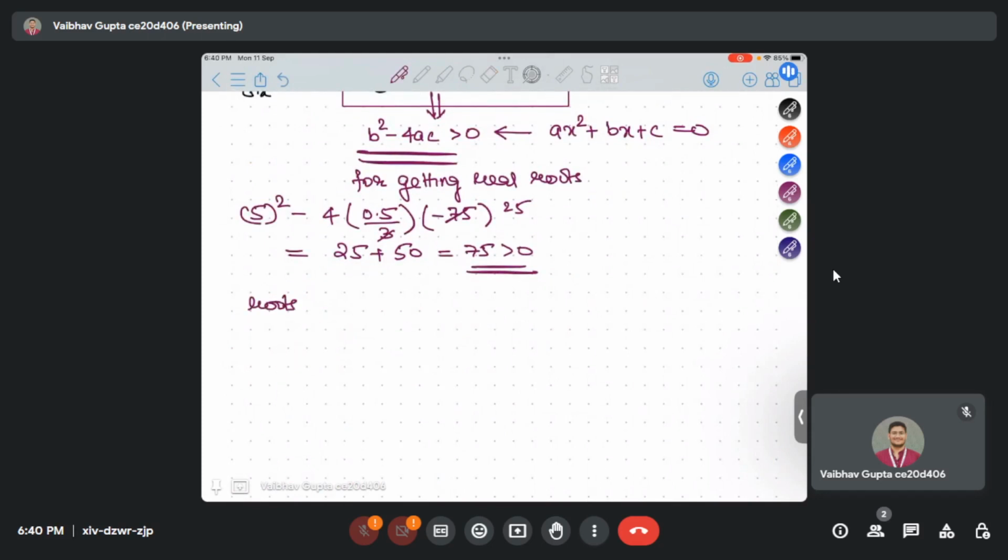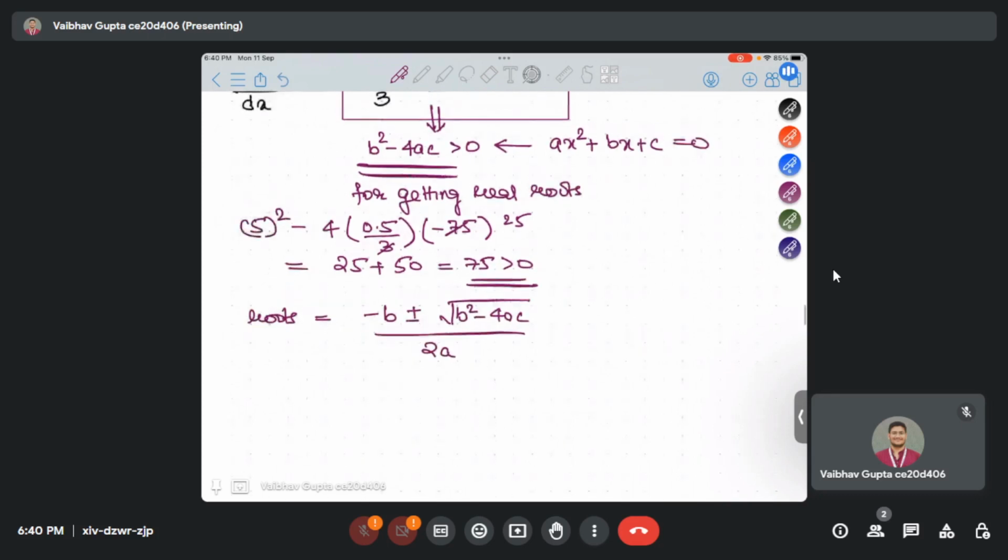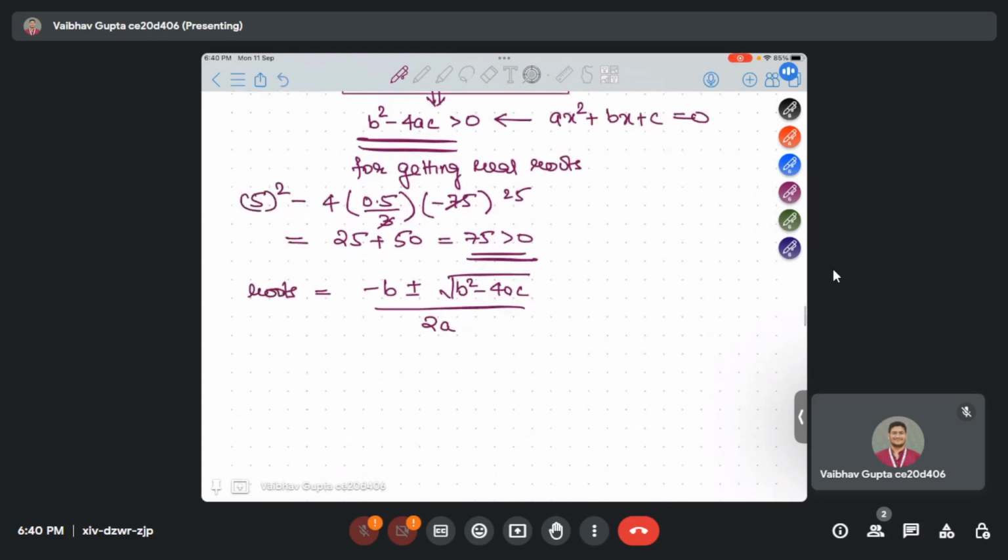Roots are equal to minus b plus minus under root of b square minus 4ac, by 2a. This is how we find the roots as per the quadratic formula.